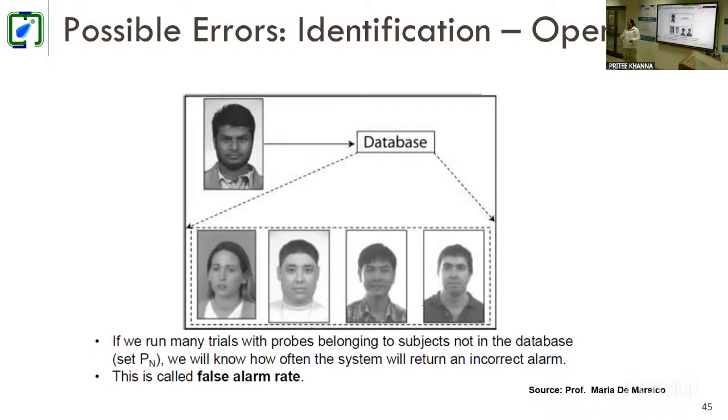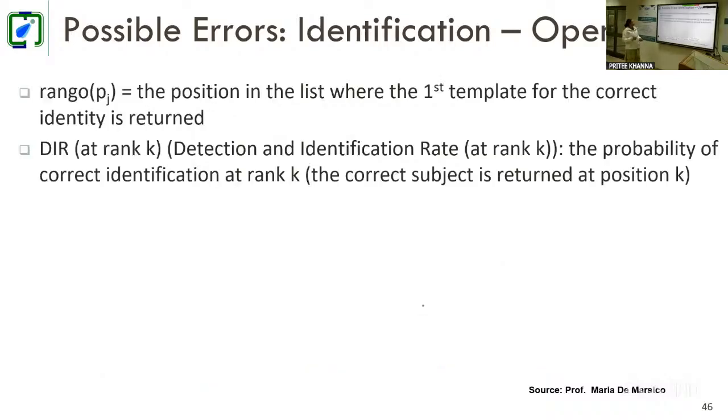Here is how we get the performance; that is one case of it. Here you can see the rank, the position in the list where the first template of the correct identity is found. Remember the case when some are having a value more than the threshold, but we were not getting it at the first place.